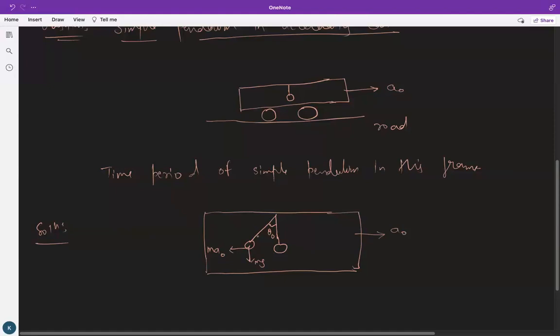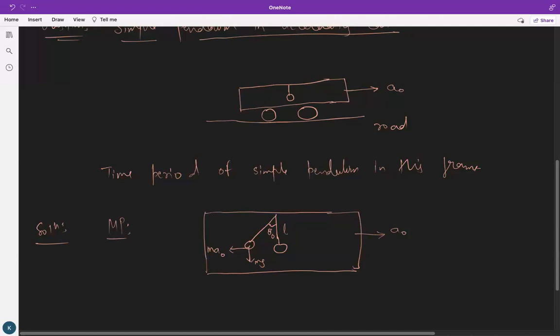We are assuming that at some theta equal to theta naught, the net force is equal to 0, so we can call it the mean position. At theta equal to 0, we don't have the mean position, because the torque is not equal to 0. At theta equal to 0, the force is again acting in the backward direction, which is m a naught, and we have a torque, which, if the length is L, is m a naught into L. So there is a torque at theta equal to 0.